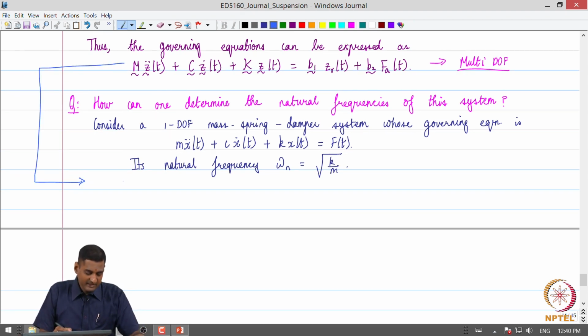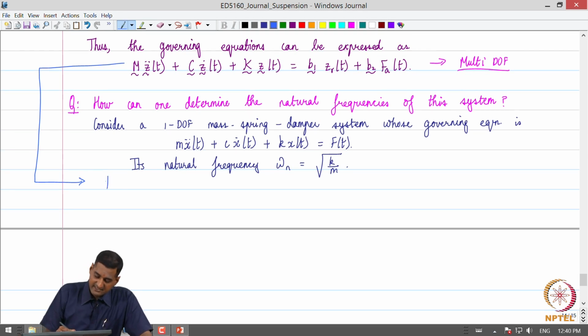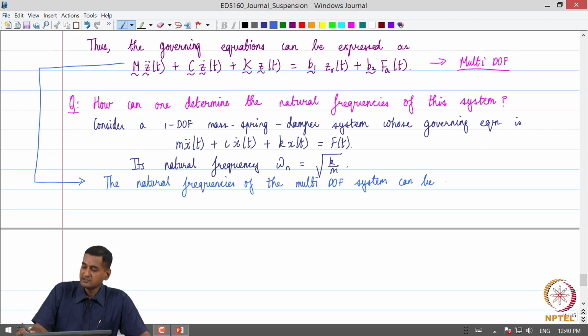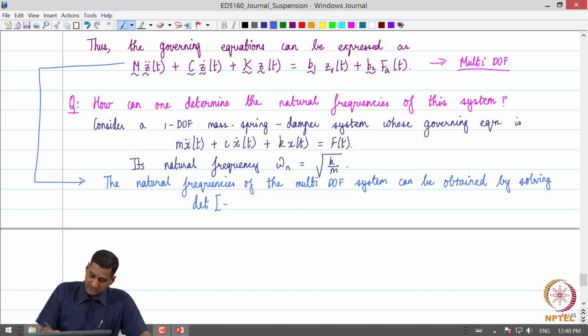I am going to leave this to you as an exercise. The natural frequencies of the multi degree of freedom system can be obtained by solving the following equation: the determinant of minus omega square times the mass matrix plus the stiffness matrix equals 0.